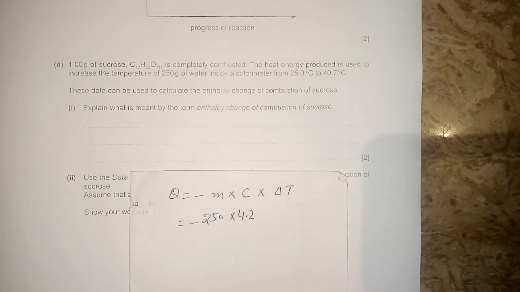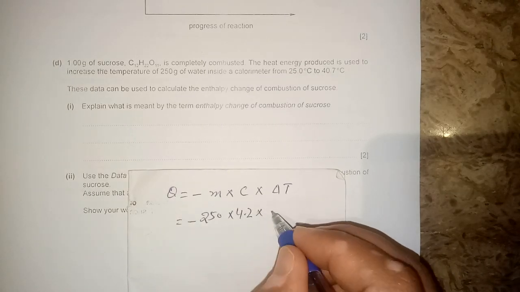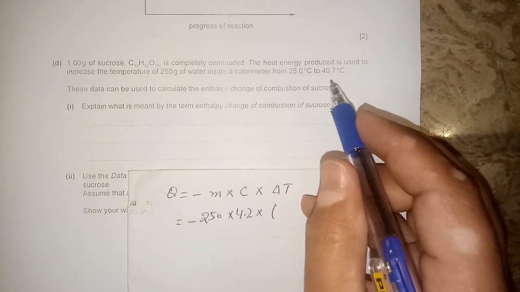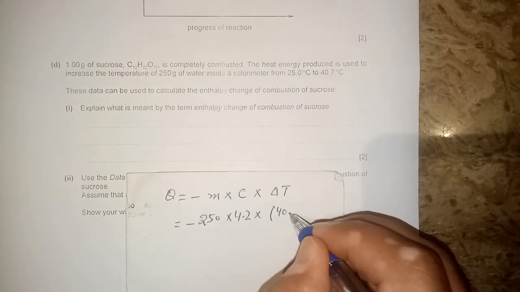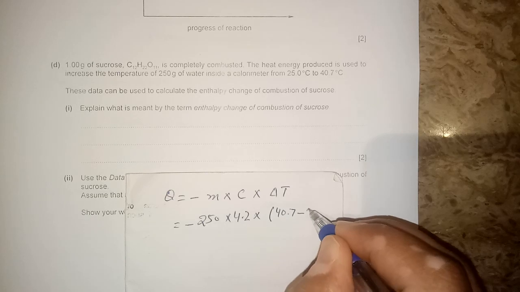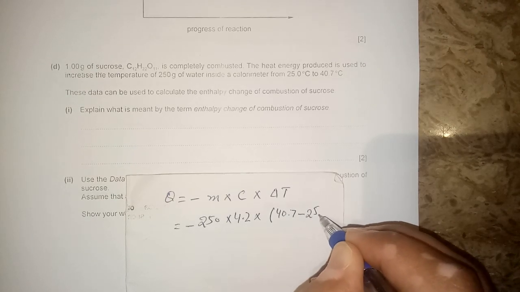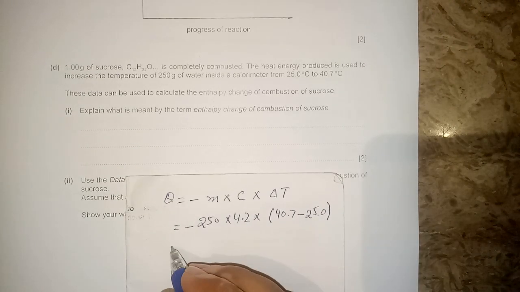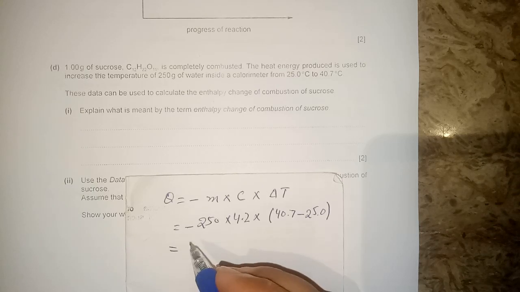You must follow the data booklet given. Next is to put the value of delta T. This is the final minus initial temperature, which is 40.7 minus 25.0.